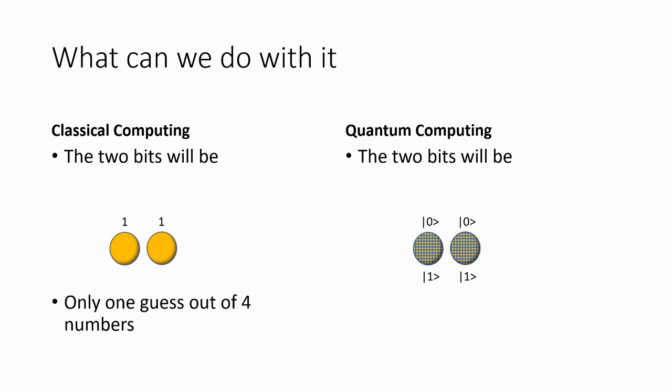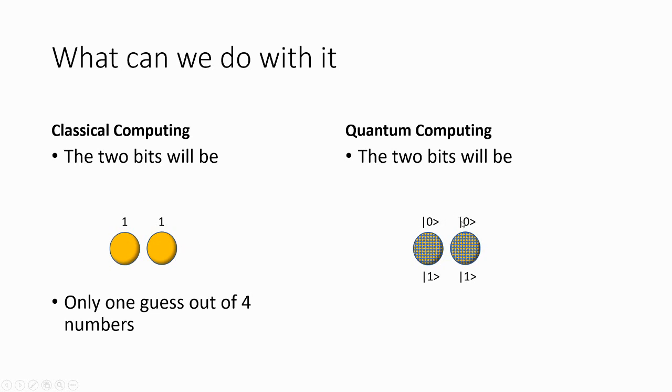Which means if I put two qubits like that over here, I have 0 and 1 for this qubit, and 0 and 1 for this qubit. So what states are these two qubits in? It can be 0 0, because the probability of this being 0 and this being 0 is the same, half.